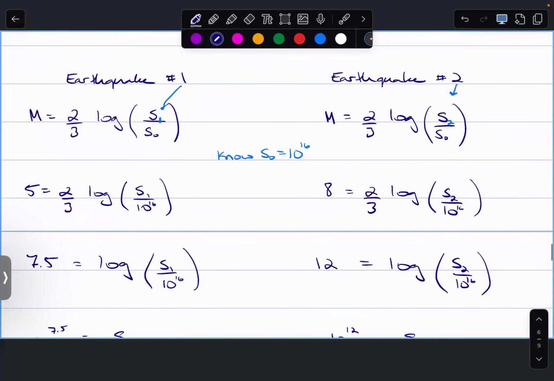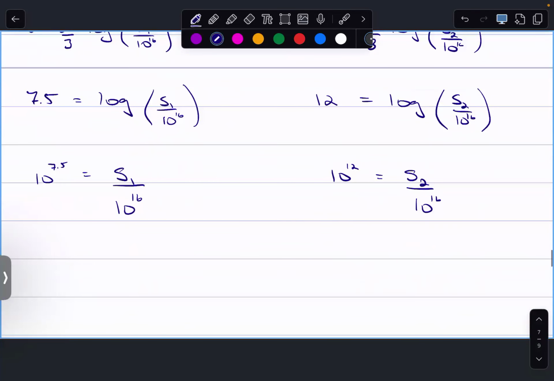Okay. I can rearrange these in terms of S1 and S2. So this is where, if you wanted to, you could have just used S naught here and S naught here. Because what's this going to look like?